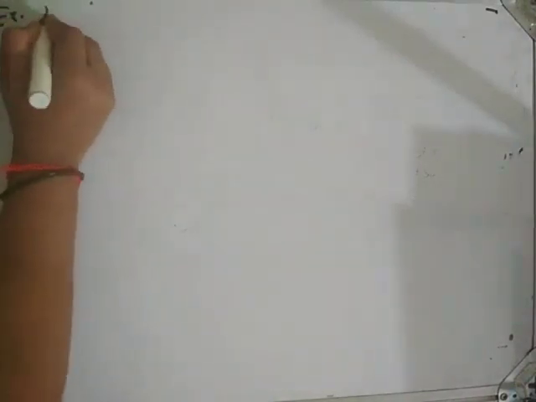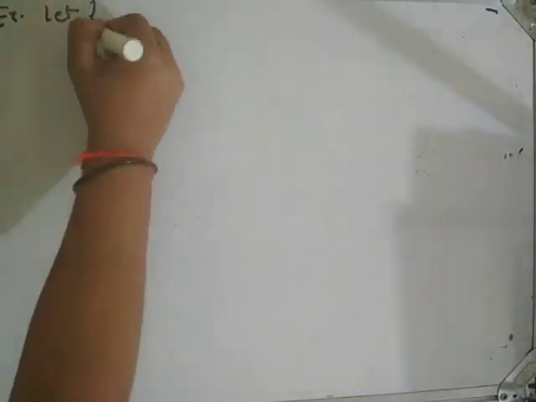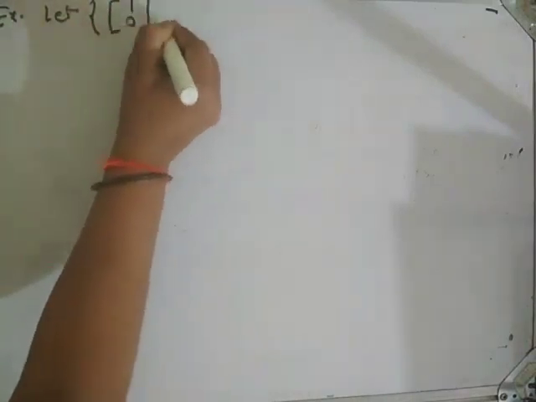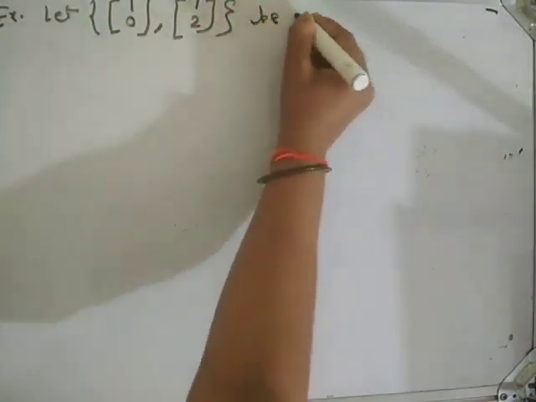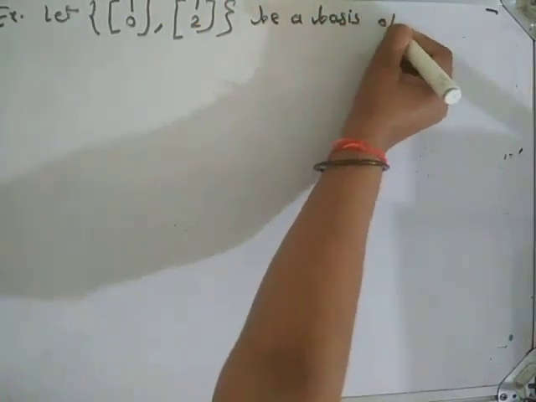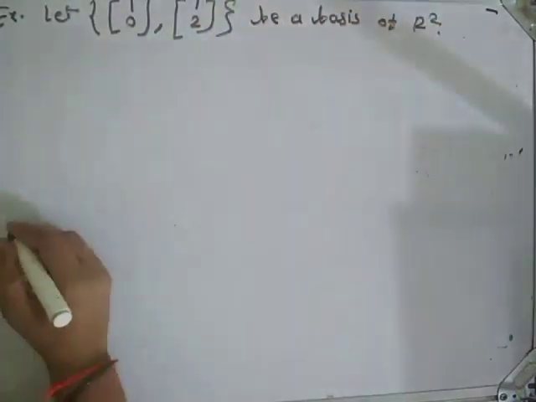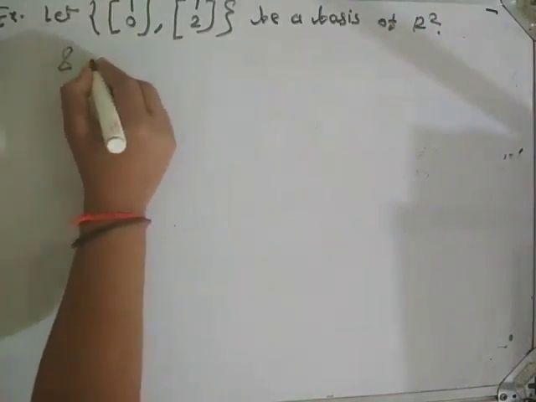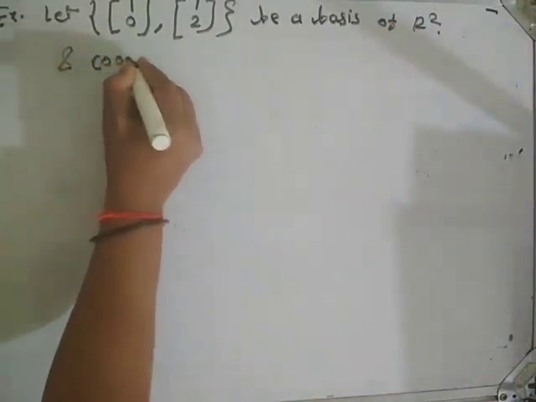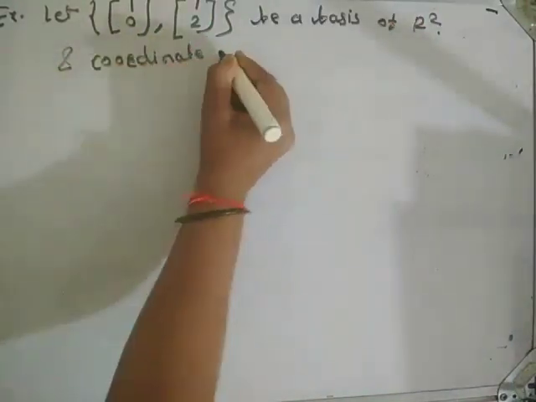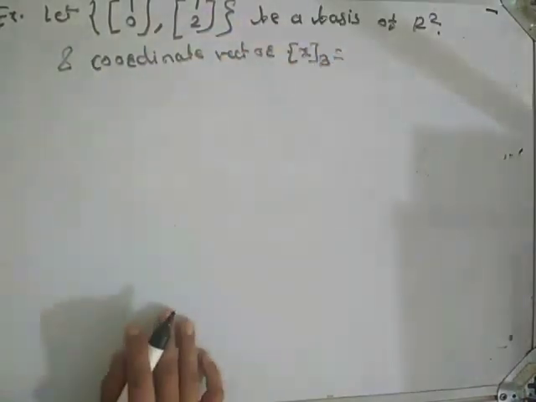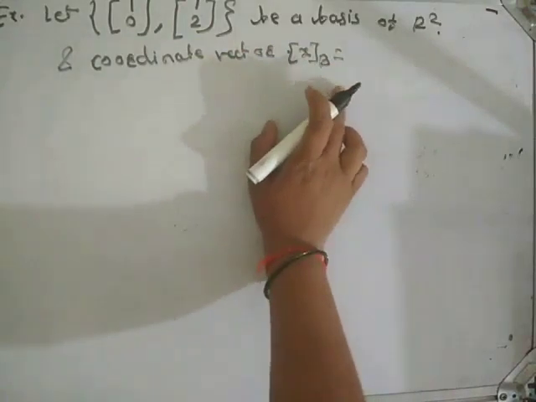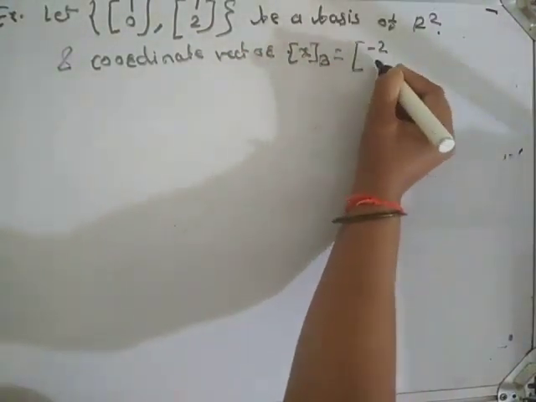Example: let the set with vectors 1 0 and 1 2 be a basis of R2, and the coordinate vector of X relative to the basis B is equal to -2, 3.